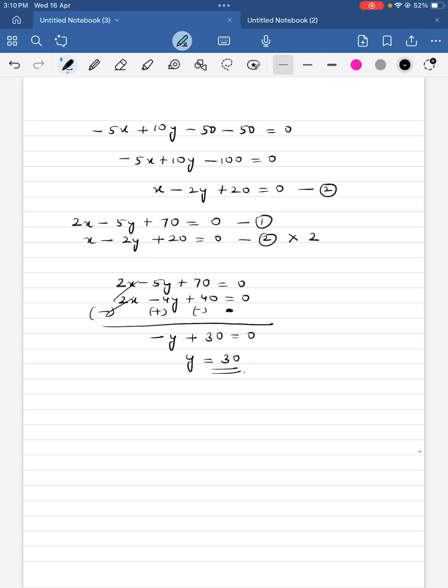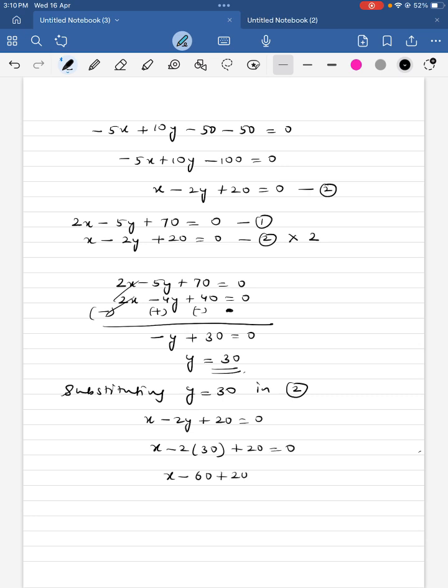Okay, now let me substitute y equal to 30 in equation 2. Equation 2 was x minus 2y plus 20 equal to 0. x minus 2 times 30 plus 20 is equal to 0. So x minus 60 plus 20 equal to 0, or x now becomes equal to 40.